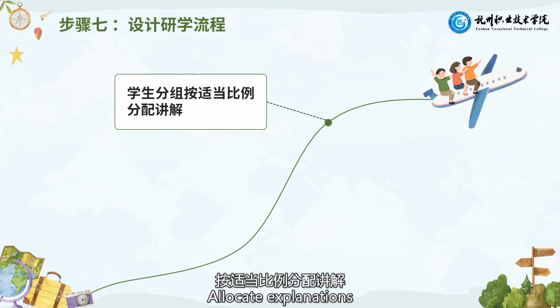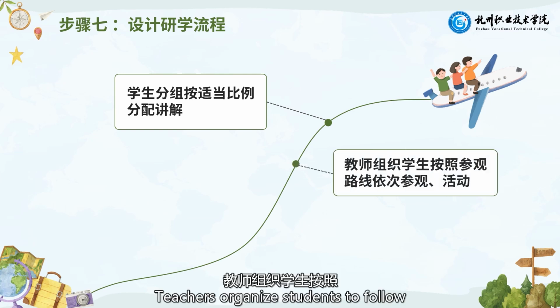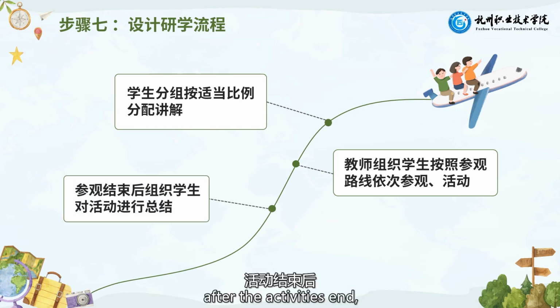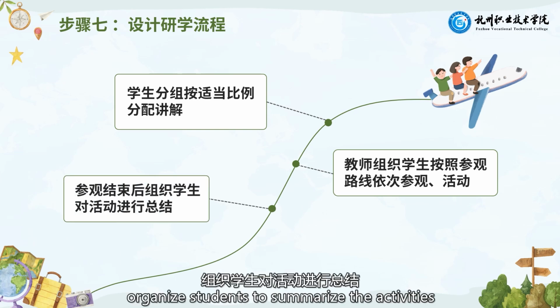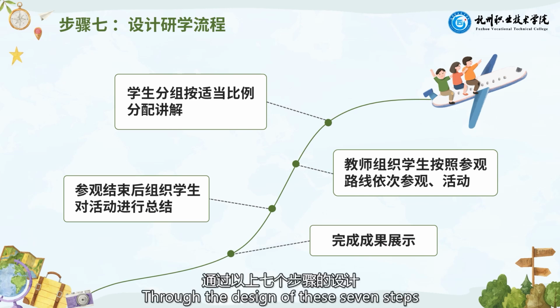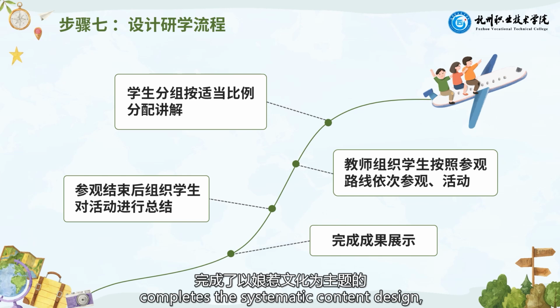Allocate explanations in appropriate proportions. Teachers organize students to follow the visiting route to visit and participate in activities sequentially. After the activities end, organize students to summarize the activities and complete the results display. Through the design of these 7 steps, the systematic content design is completed.